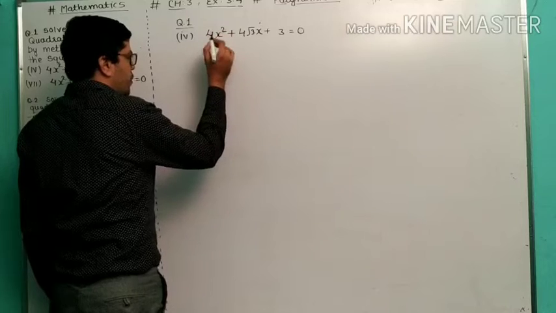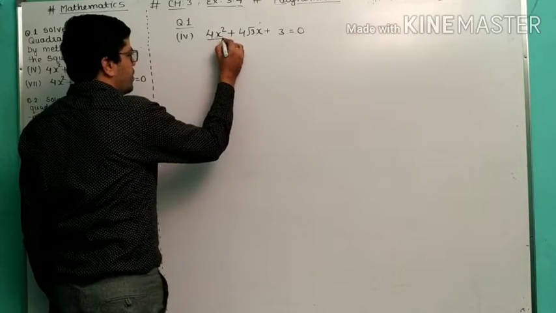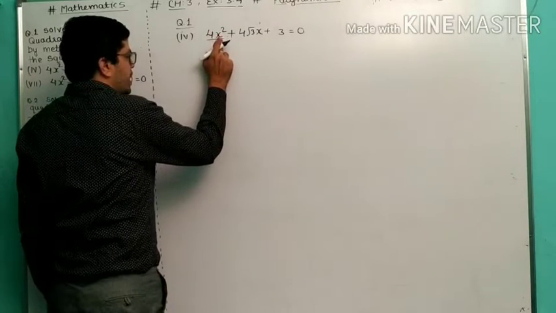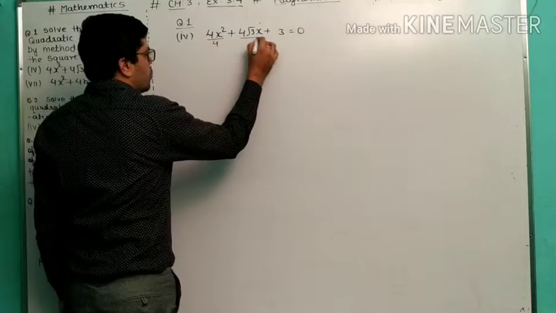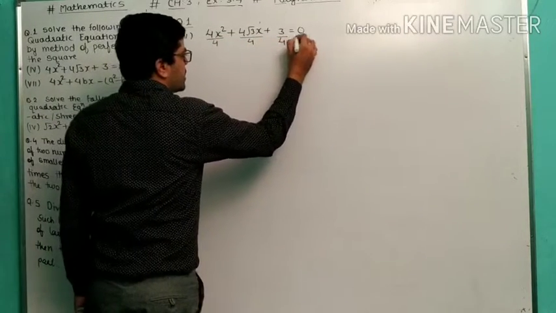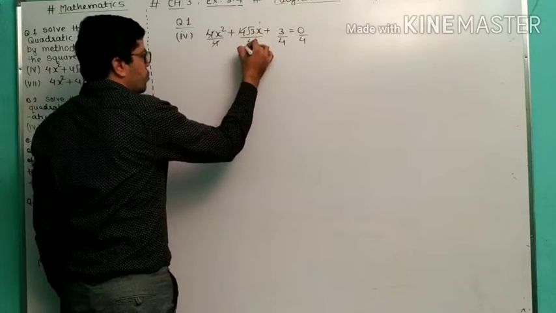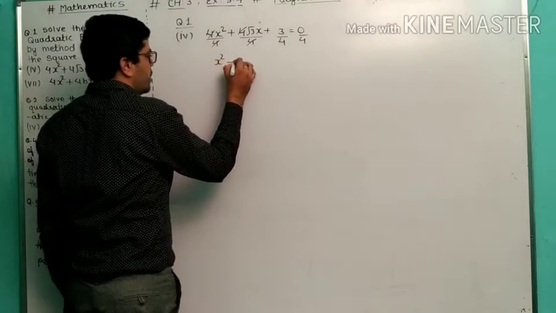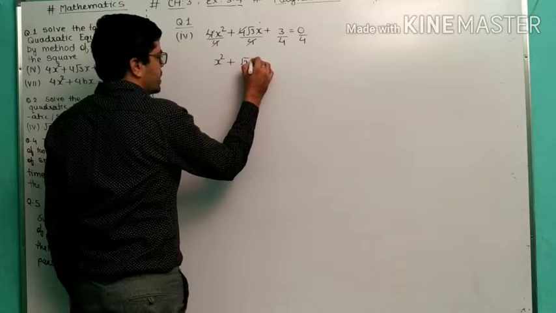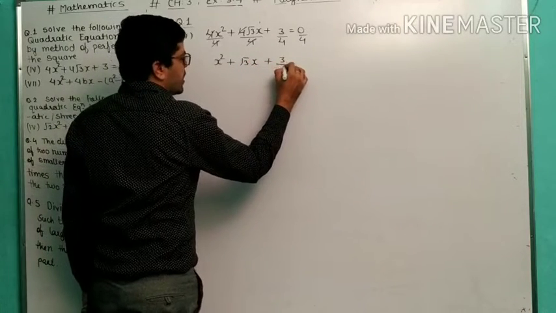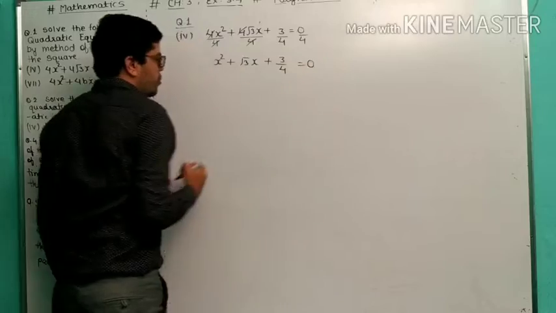First of all, in the first step we have to divide, or eliminate, the multiple of x square. So the whole left hand side as well as the right hand side is divided by 4. So 4 and 4 cancel, 4 and 4 cancel. So the next step will be x square plus root 3 x plus 3 by 4 is equal to 0.